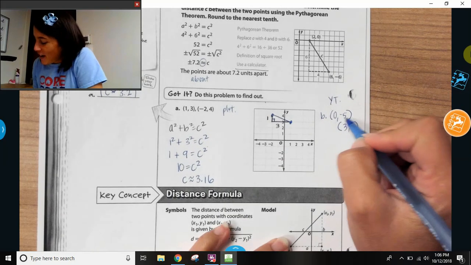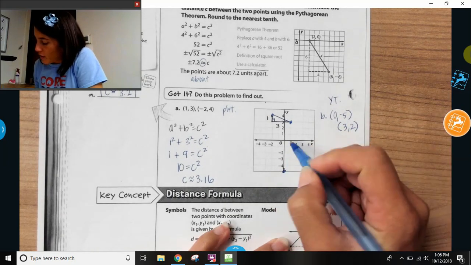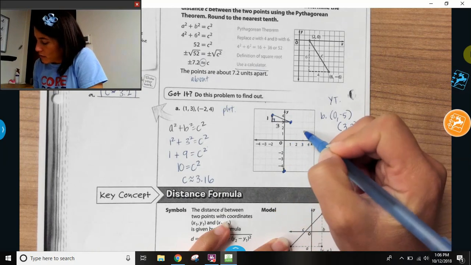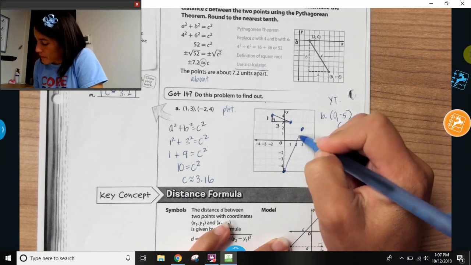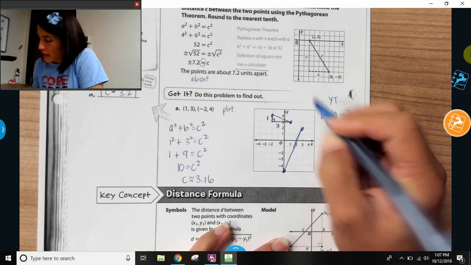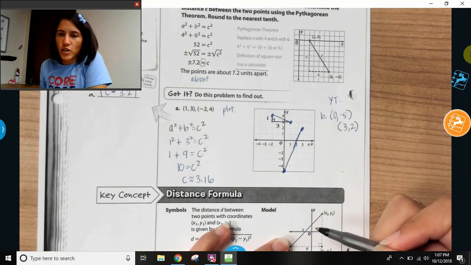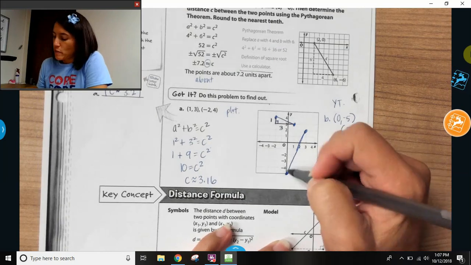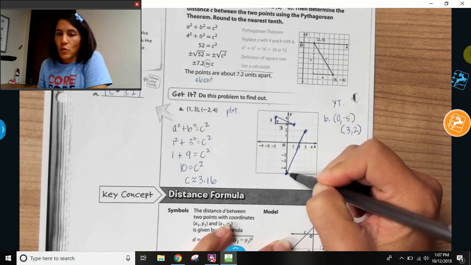Okay. All right, (0, -5) and (3, 2). Oh, this is far. I just made this up. So once you have drawn, obviously mine's not straight, it's up to you if you make your right triangle above the line or below.